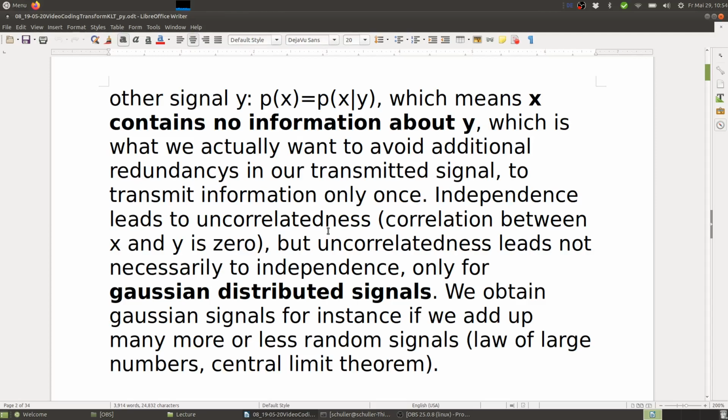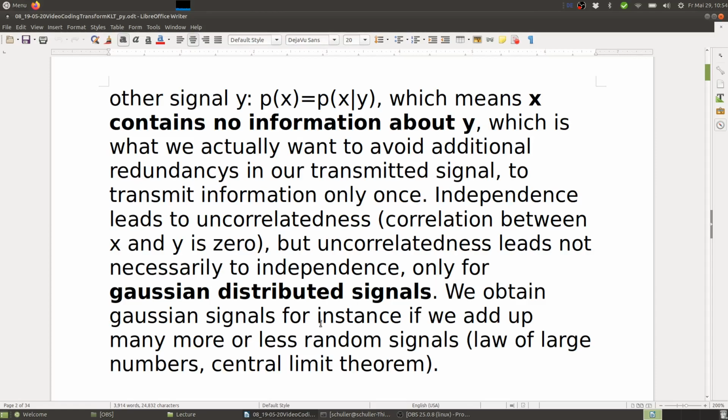If we have two signals x and y, we just compute the cross correlation, and if the cross correlation is zero, then we know there's no correlation. But we know that this is not sufficient. It is only sufficient if we have a Gaussian distribution, which usually we don't.